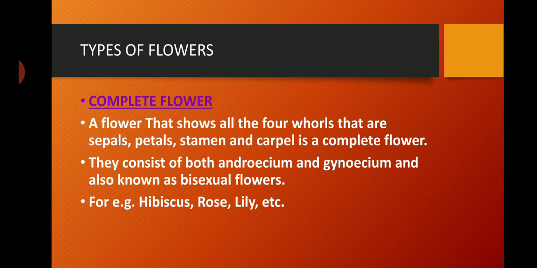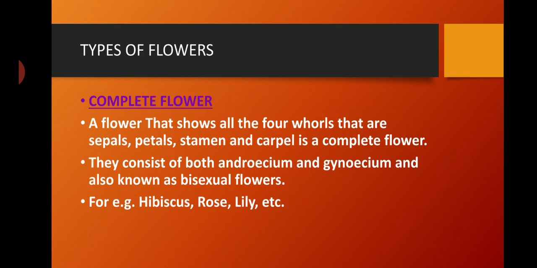Types of flowers. The first type of flower is complete flower. A flower that shows all the four whorls, that are sepals, petals, stamen, and carpel, is a complete flower. So, if any flower where all the four whorls are shown, that flower will be called a complete flower.